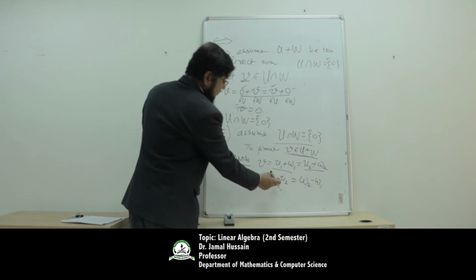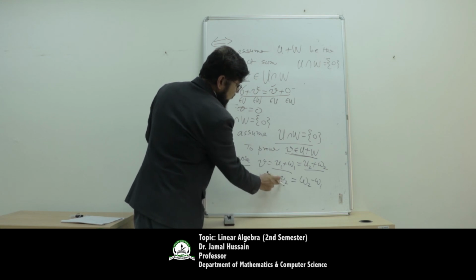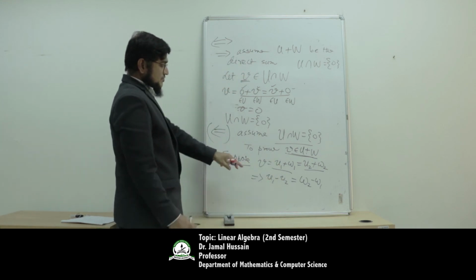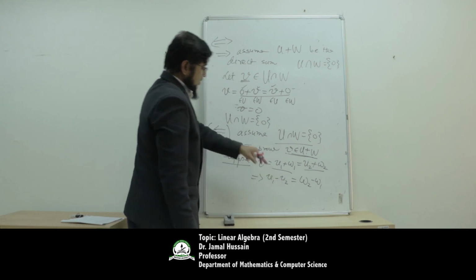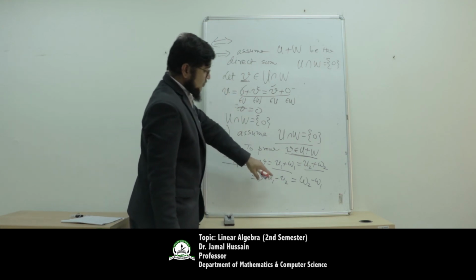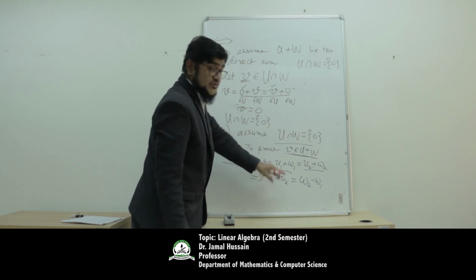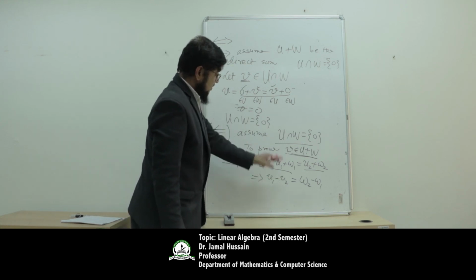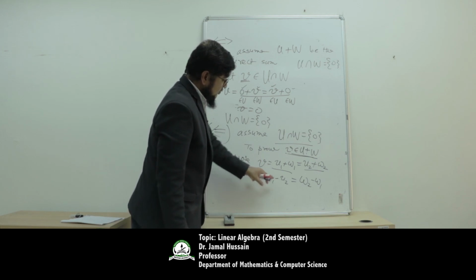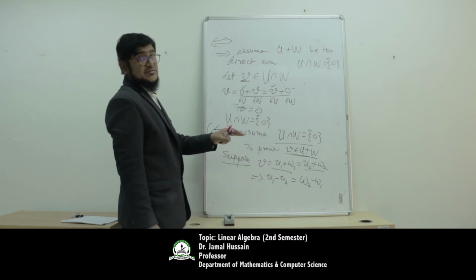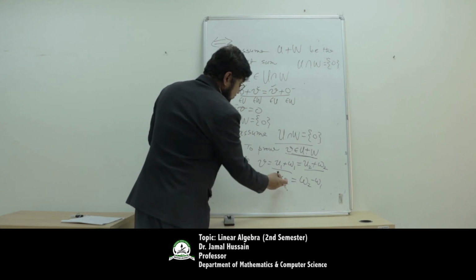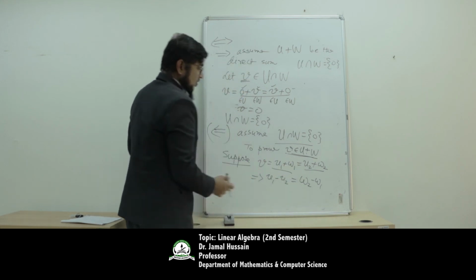So what is the meaning of U1 minus U2? U2 minus U2 is, by the closure property of scalar multiplication, minus 1 into U2. So that belongs to the vector space, and hence it is the sum of those two vectors U1 plus minus U2. So anyway, we can write like this, no problem.